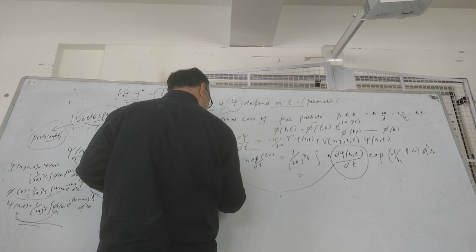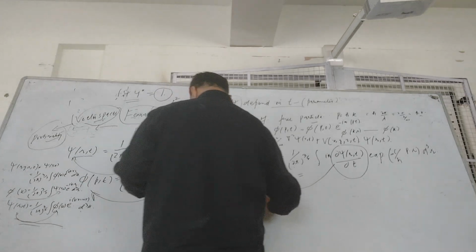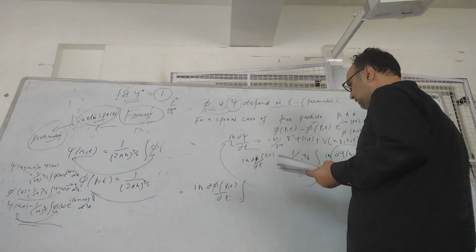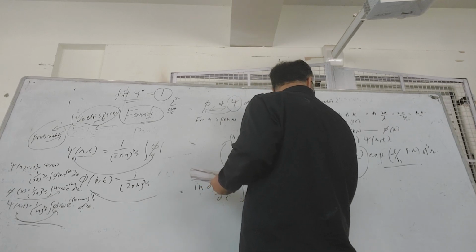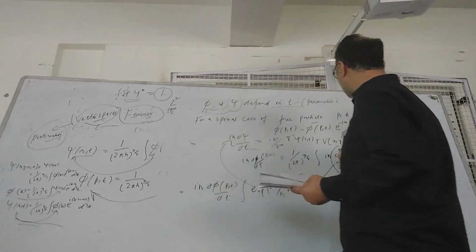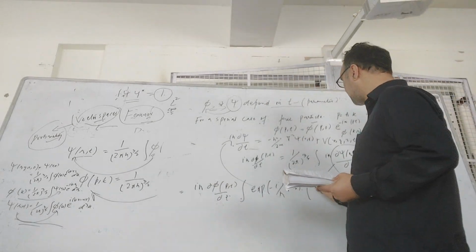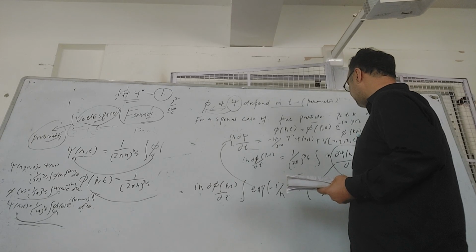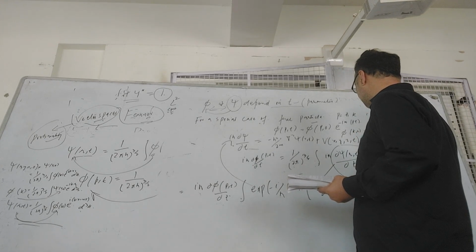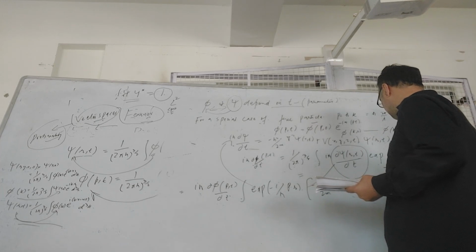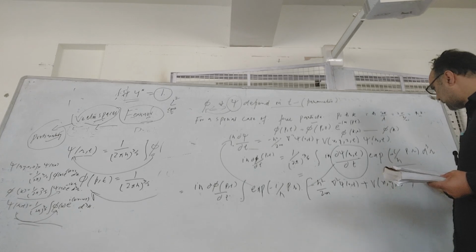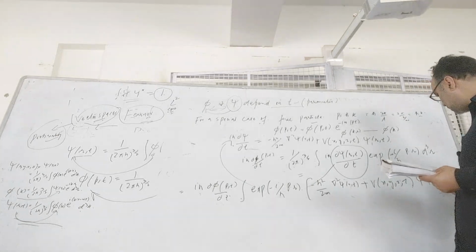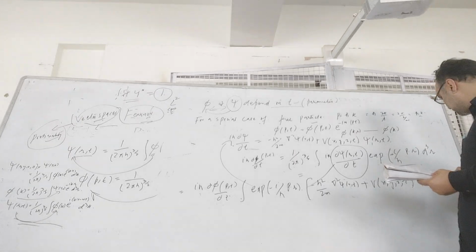iota h d phi by dt of p, integral of, तो ये एक्सपोनेंशियल हम थोड़ा सा पहले लाएंगे, and we are going to use this here, minus h square by 2m, ठीक है, psi of r,t d3r.